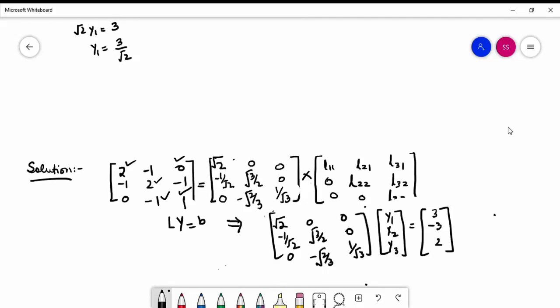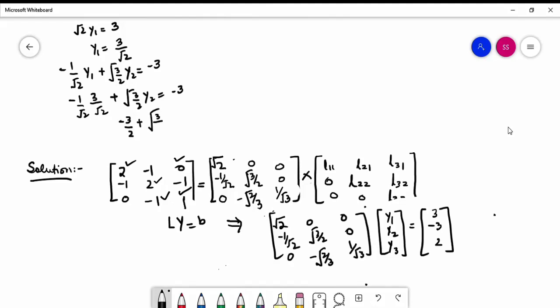And also the second equation is -1/√2 y1 + √3/2 y2 equal to -3. So that is, I guess, -3/2 + √3/2 y2 equals -3.